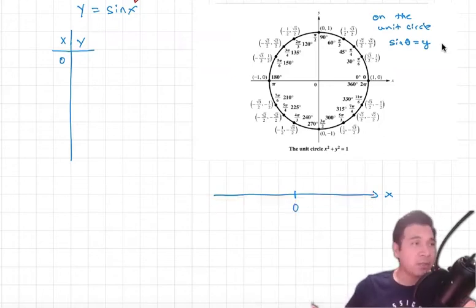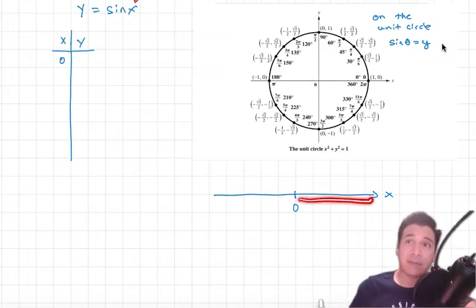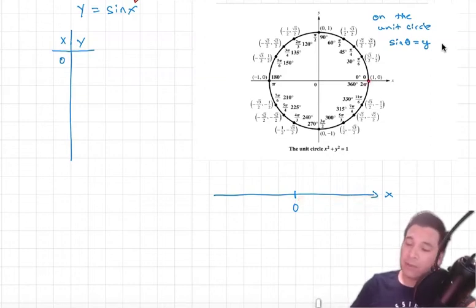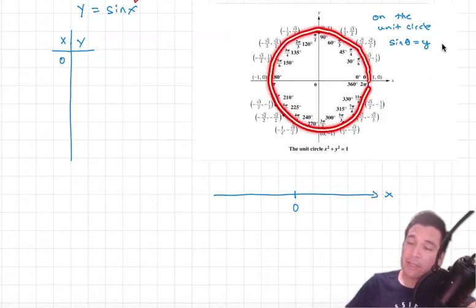What does that mean in terms of the unit circle? Okay, so to the right we have positive angles. And how do we generate a positive angle? Well, we go around the unit circle counterclockwise, right? So we move around the unit circle going counterclockwise, and that generates our positive angles.